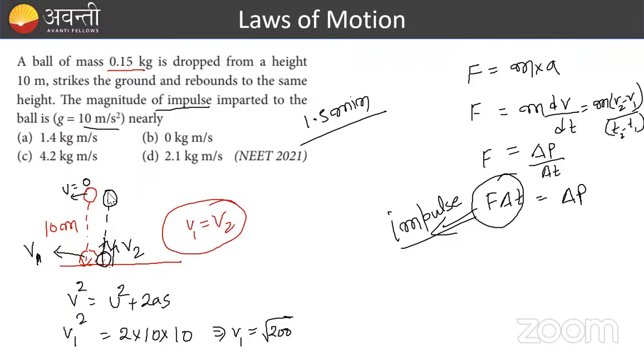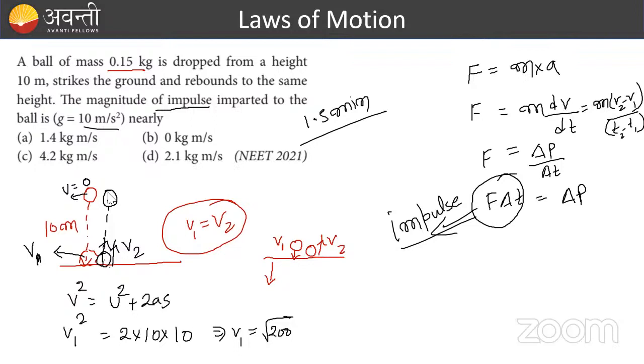Finally, the ball is colliding with the earth, and just before collision its velocity is v1 in the downward direction, and just after collision its velocity is v2 in the upward direction. The magnitude is the same, v1 equals v2, only the direction is different.